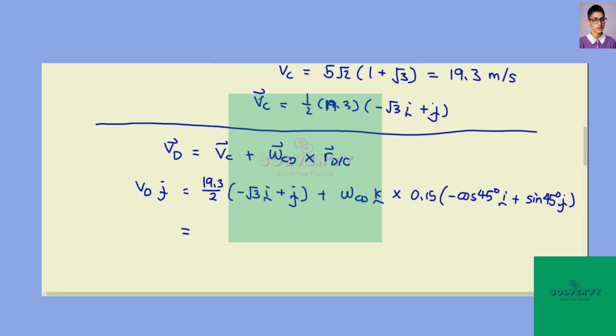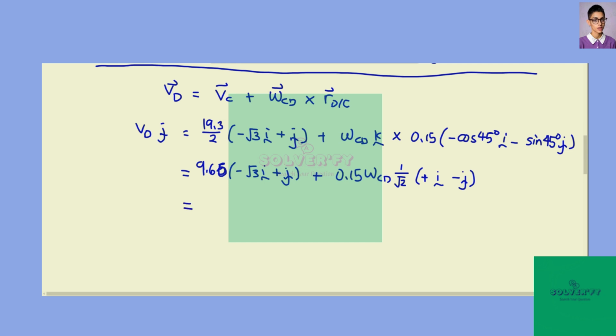Continue to do. You have 9.66 minus root 3I plus j, plus 0.15 omega CD 1 over root 2 k cross minus I gives minus j, and then k cross j gives minus I. Oh, sorry, this is minus, so we have plus I minus j.